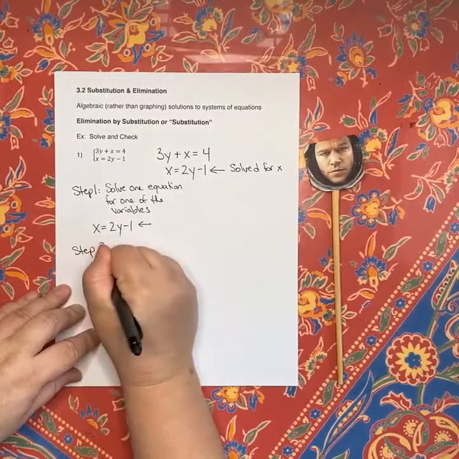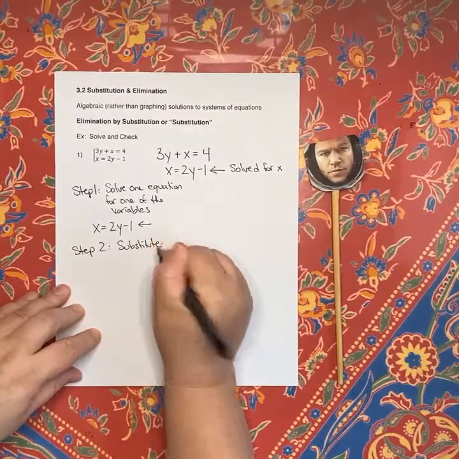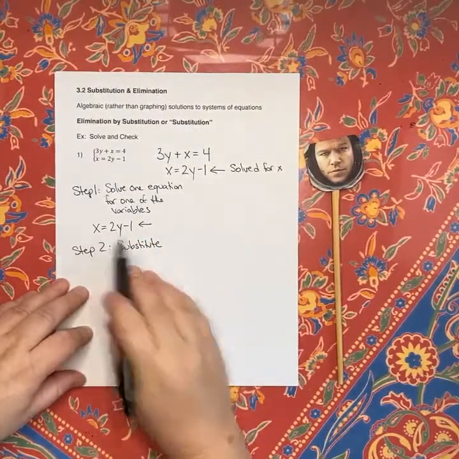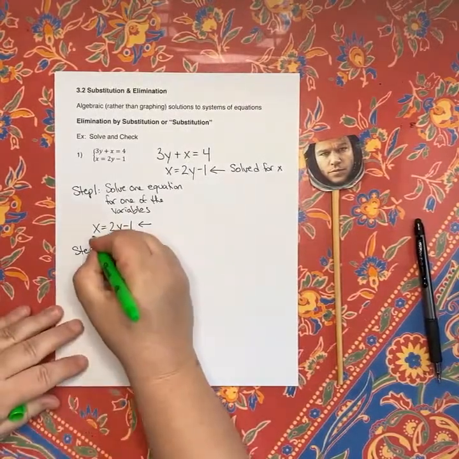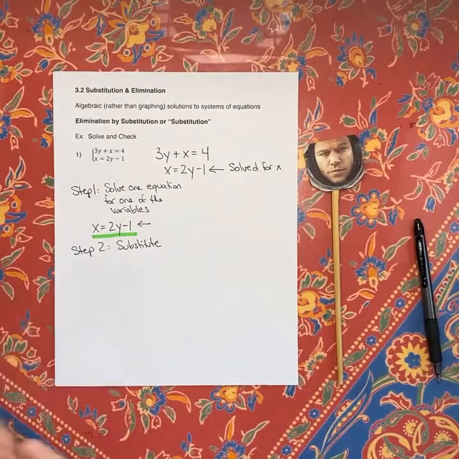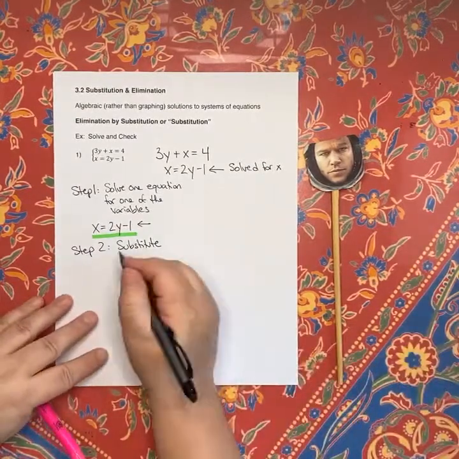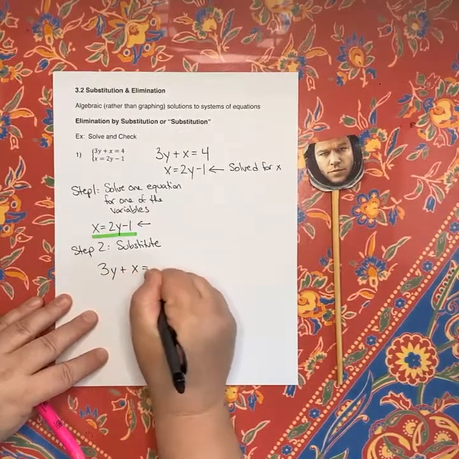Step 2, substitute. So what I'm going to do is take this equation, which I will call the green equation, and I'm going to substitute it into the other equation, which will be the pink equation. So I've got 3y plus x equals 4.